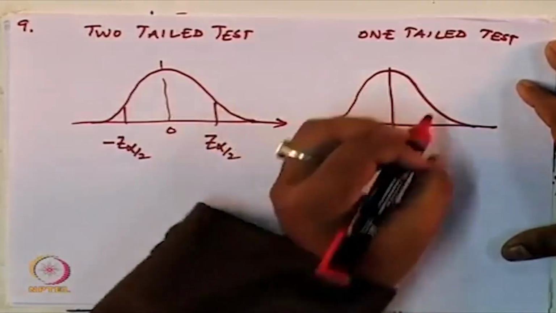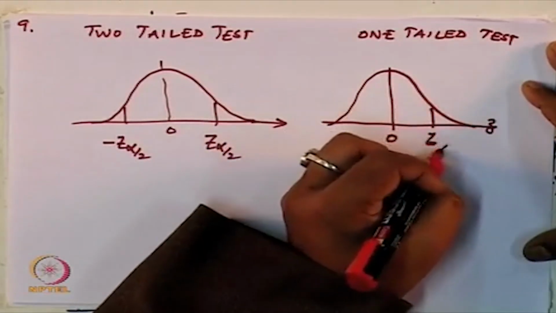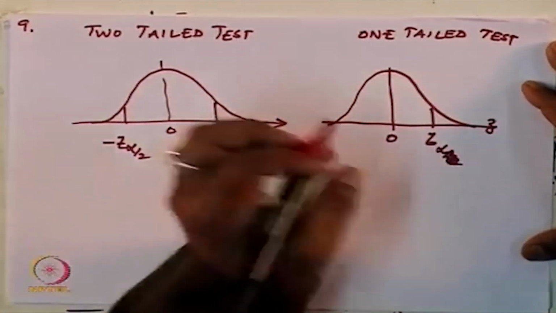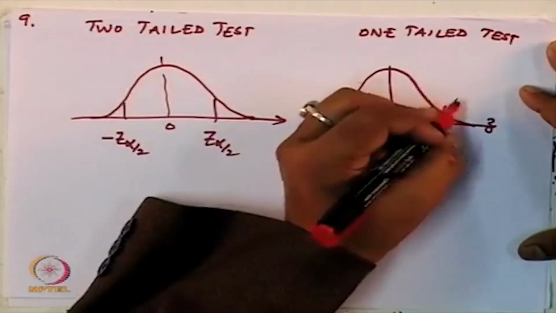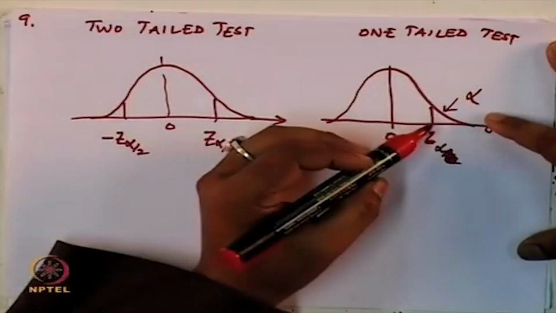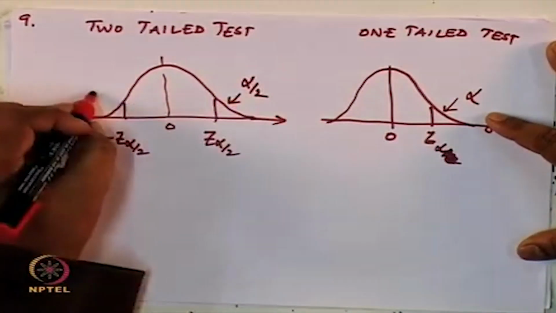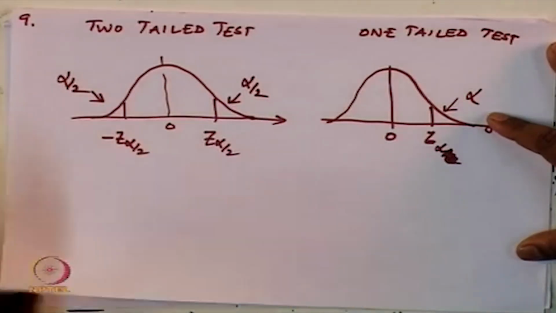I can just write alpha. So, you can write this. This area is alpha for a one-tailed test, and these two areas are alpha by 2 for the two-tailed test.